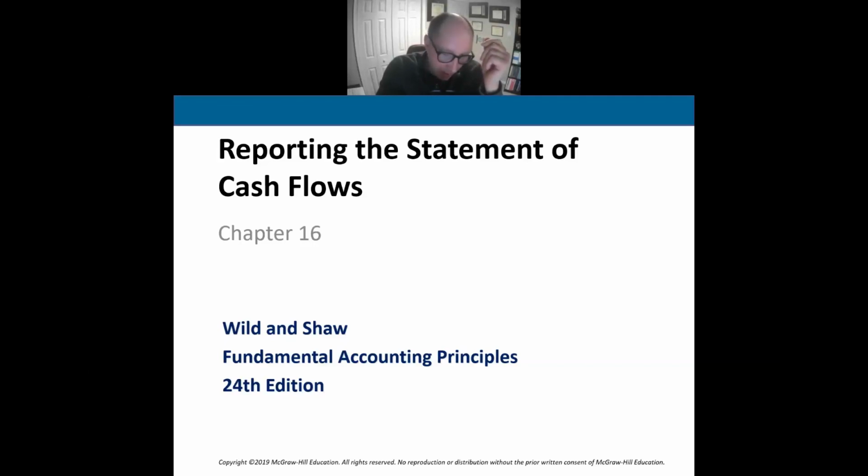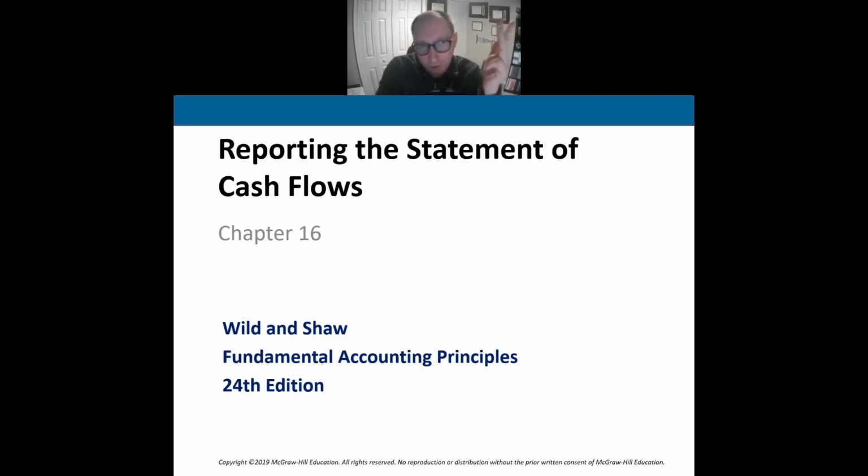Investing activities represents the purchase or sale of property, plant, and equipment. When we invest, we're investing in property, plant, and equipment. So operating activities, day-to-day operations of the business. Investing activities, property, plant, and equipment.